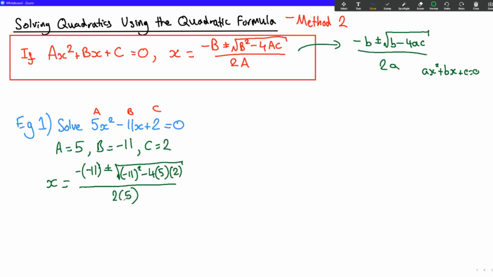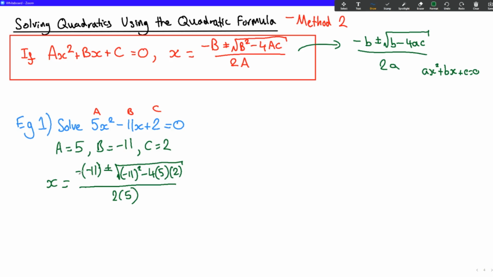Now, I know it's tempting, for example, at the bottom, to write in 10 instead of 2 times 5, but you're going to have a tendency to make mistakes if you just jump straight in and start doing calculations. It's always easier to just put in all the values and then start evaluating.